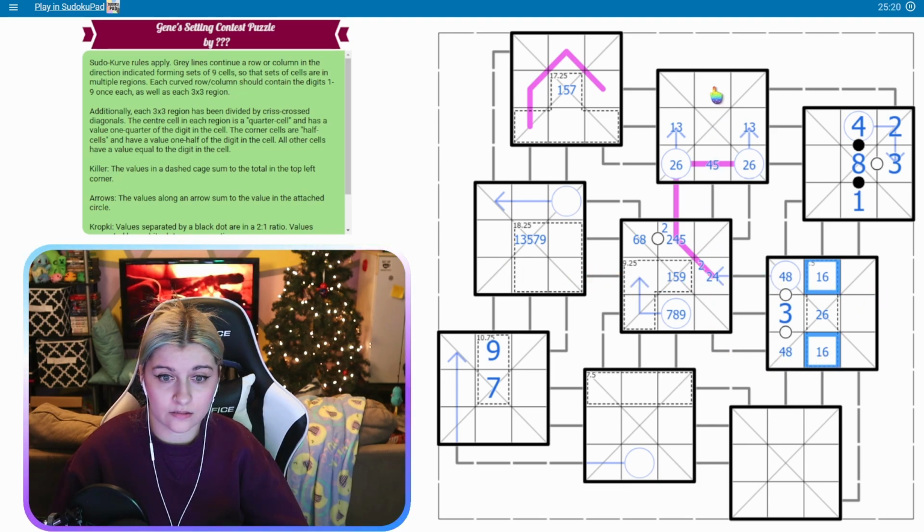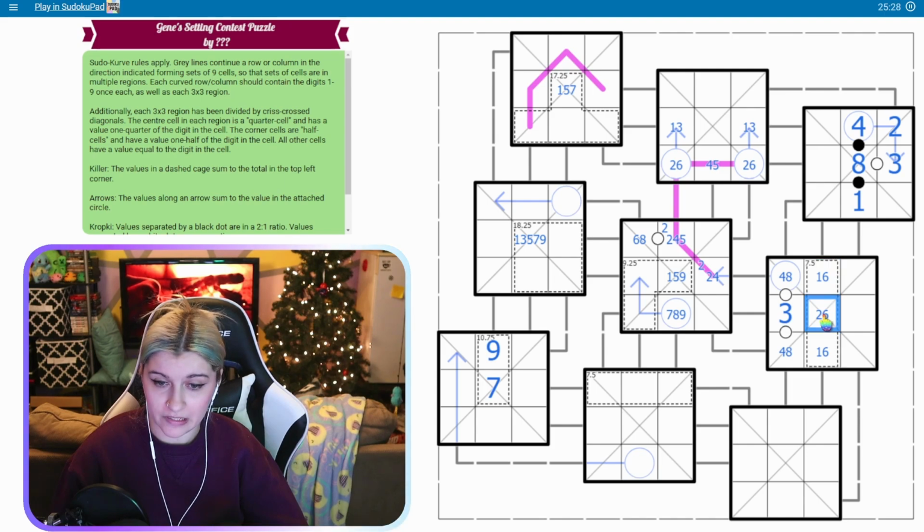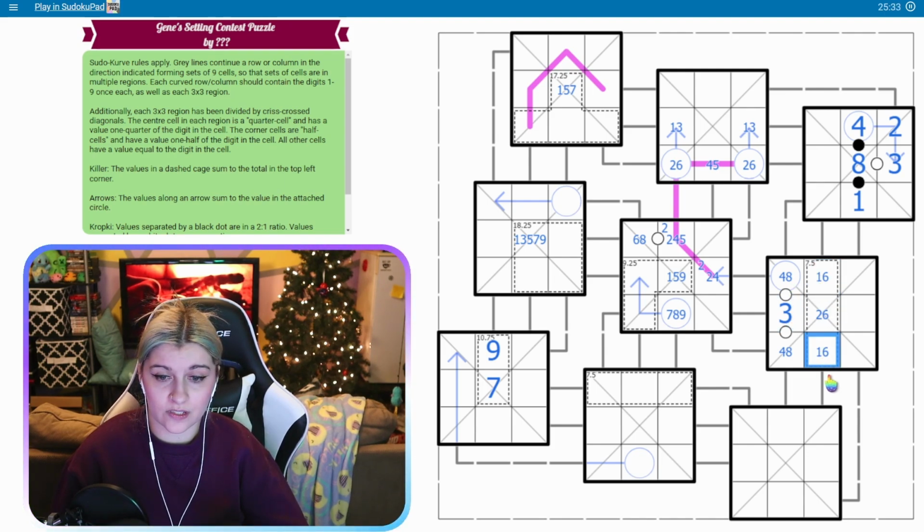Yes. Okay, to get 7. Could I do 2, 5? No, because this would be a 2. Could I do 3, 4? No. Okay, so if this is a 2, this is a 1, 6. So I'm definitely using a 6 here for sure. Meaning I can write this in as a 6. Nice.